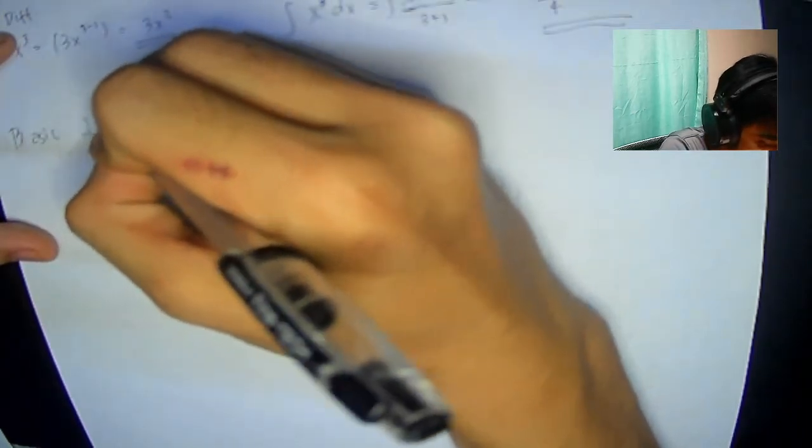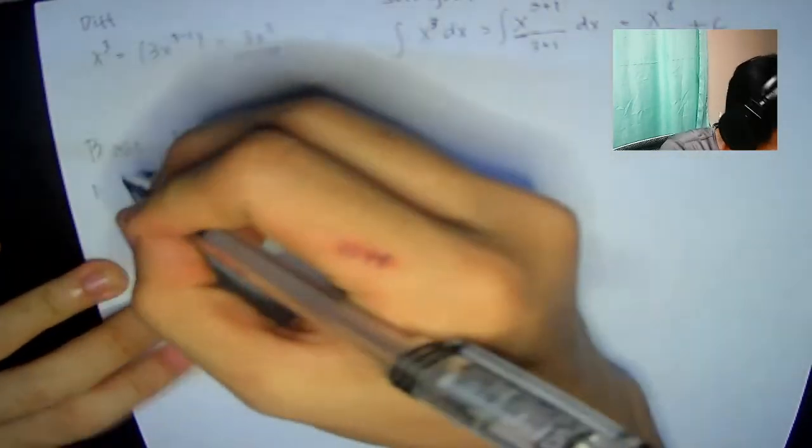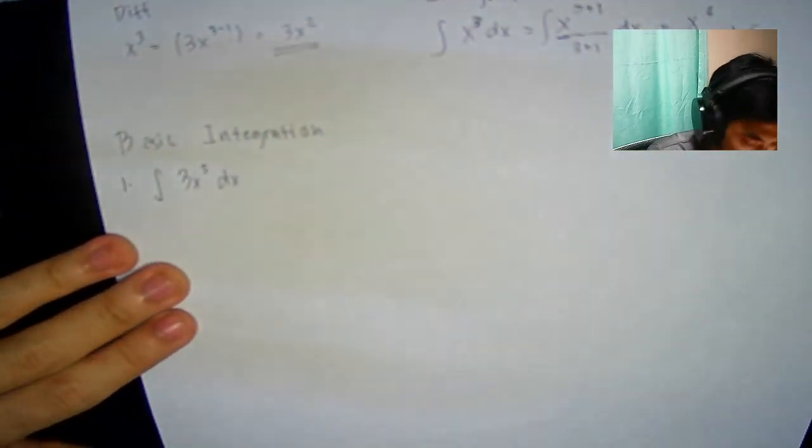So let's have another example. Basic integration. Number 1 is the integral of 3x to the 5th dx. So we'll have 3x to the 5th.